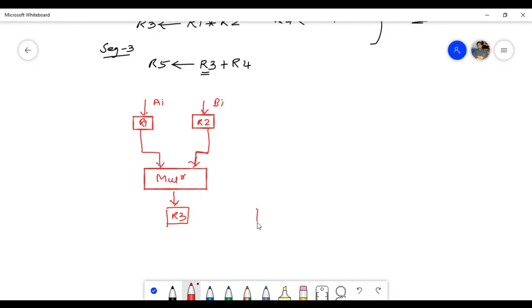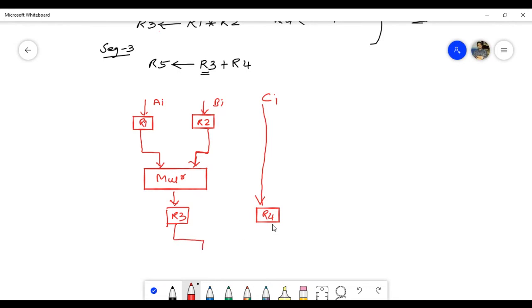Sorry guys. At the same time, register R4 is initialized with C. That means AI, BI, and CI are stored in all the registers now.